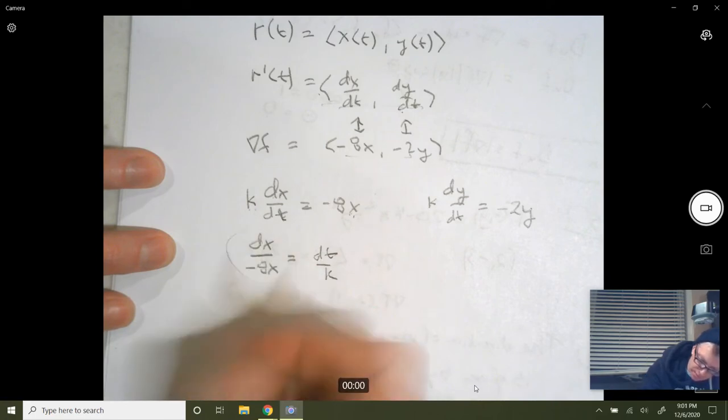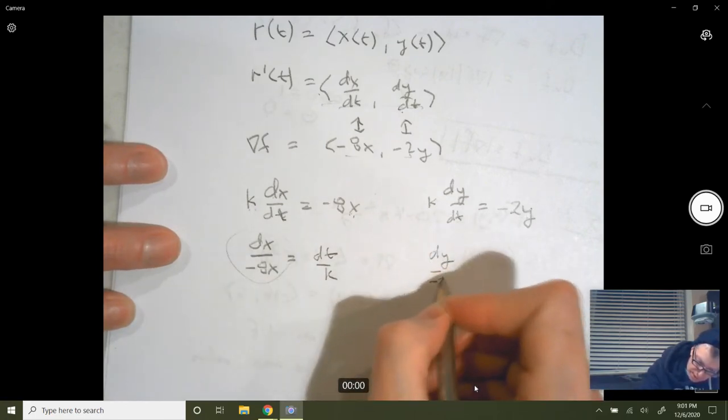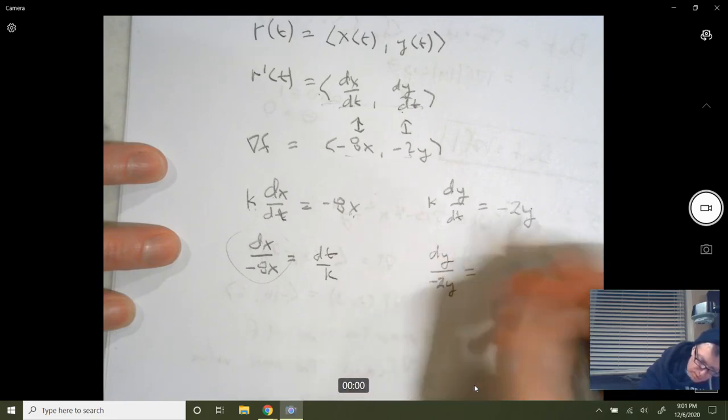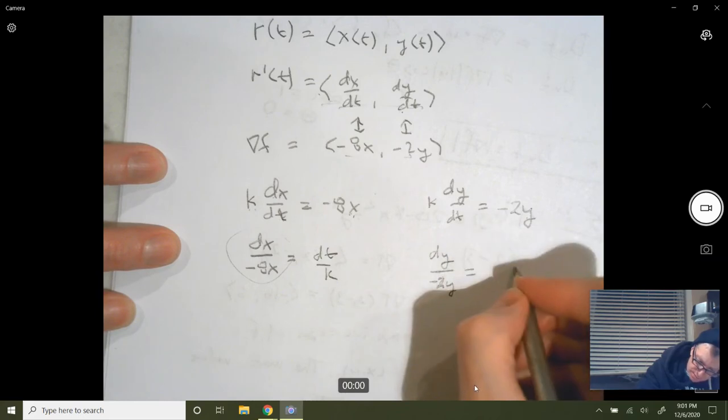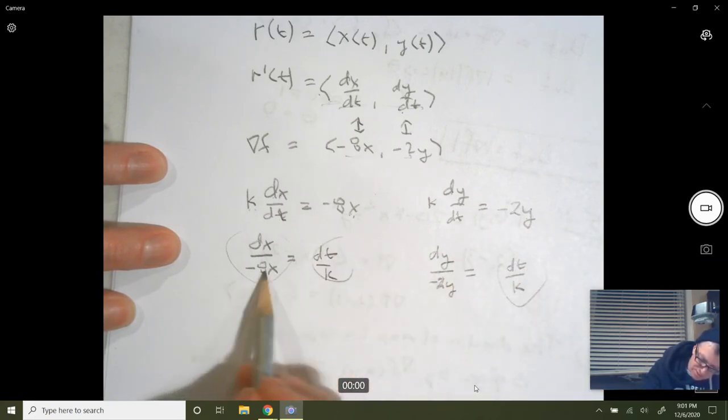So we need these two together. We need the y and the dy together. So dy over negative 2y is equal to dt over k. And since this and this are equal, we can now set these two equal to each other.